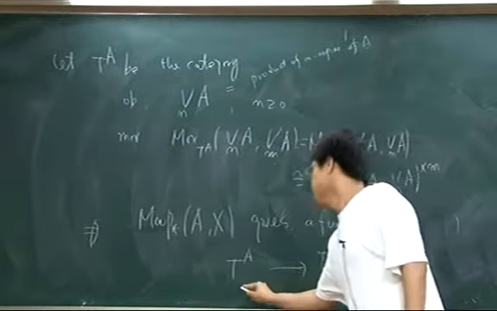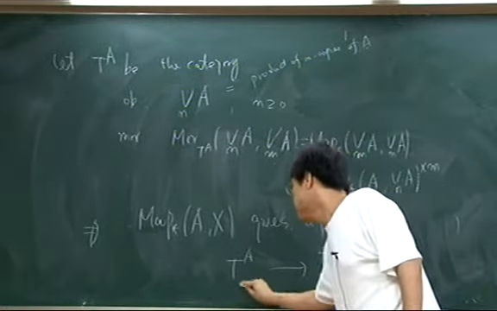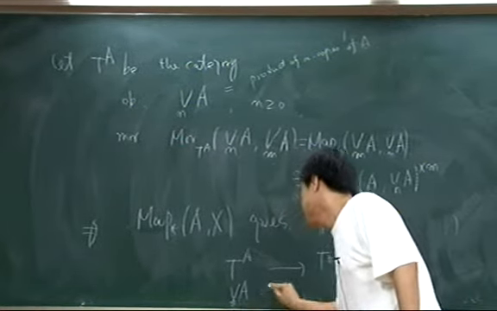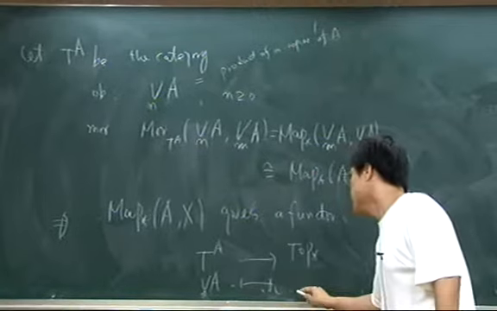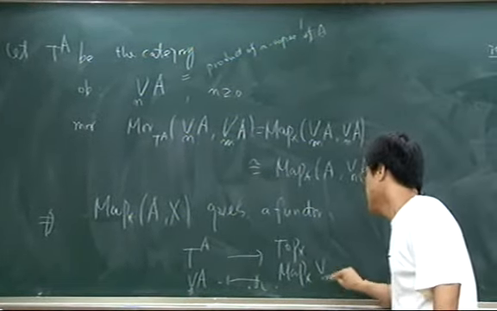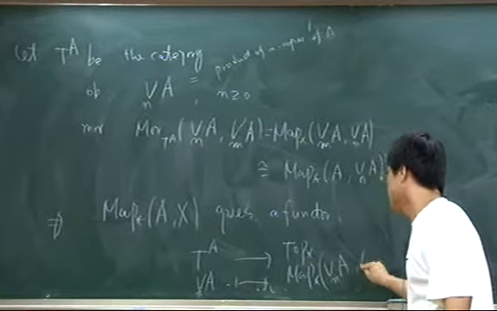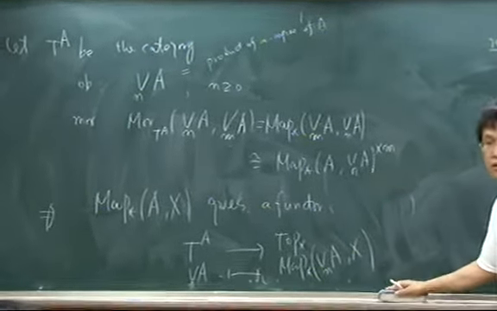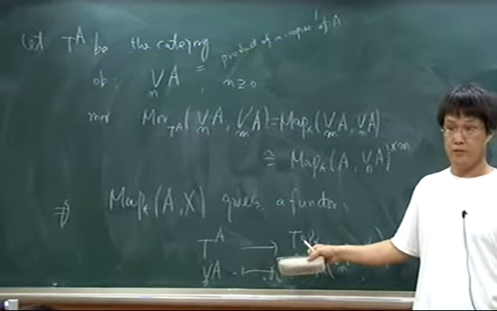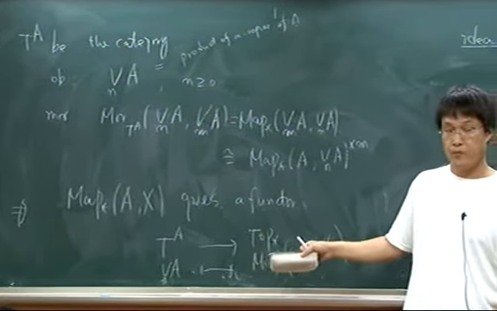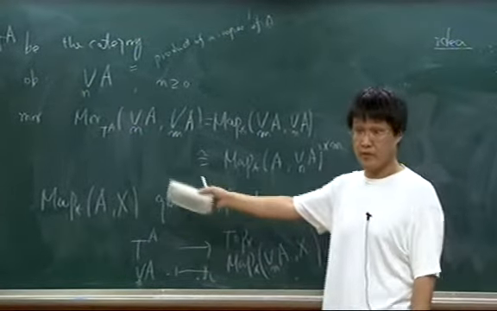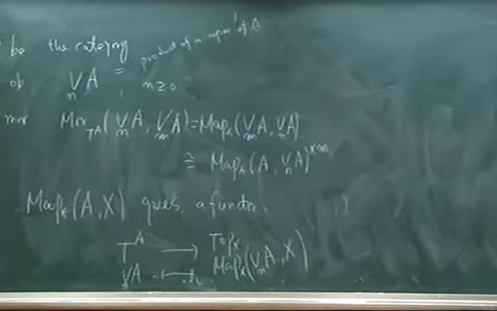The functor would be like, if you have objects here, then this just goes to maps from A to X. So each mapping space gives us this kind of functor. Mapping space, and then we are going to get the inverse actually, right? Homotopy inverse.